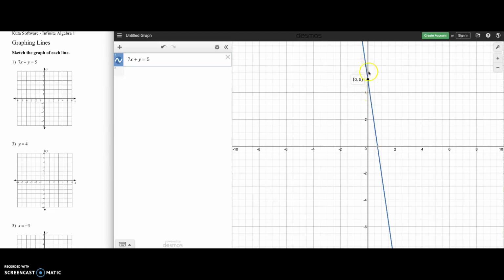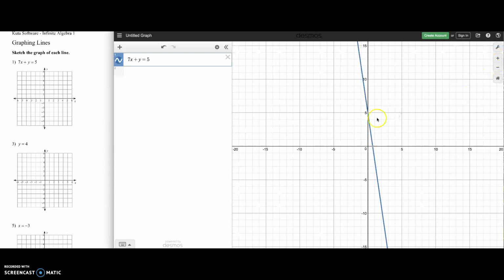It has a y-intercept of 5, and this one is going to have a slope of, looks like we went down to right about there. That's a good crossing spot. To make the graph bigger or smaller so that maybe it's easier for us to see what the slope would be, you use those plus and minus features right there up on the side.